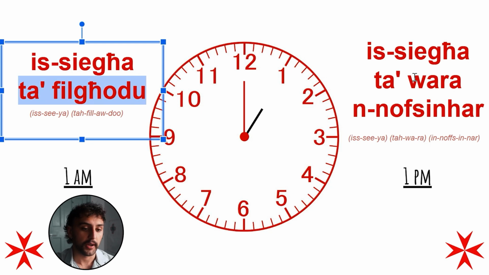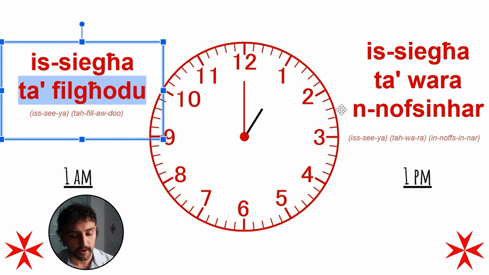And of course you could also add tafilashiya, meaning the evening, or tabil-leil, meaning at night, as we learned a few minutes ago when we looked at the main key words. But with all of that being said, to say 1 o'clock in the morning, you would say issia tafilodu, and to say 1 o'clock in the afternoon, you would say issia tawara nofsinar.